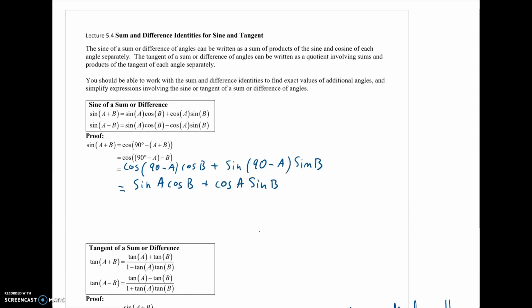We have seen that already in a previous section. Therefore, using one of the sum and difference identities for cosine, I'm able to write cos(90 - A) cos B plus sin(90 - A) sin B, and that implies sin A cos B plus cos A sin B. So that is my proof.